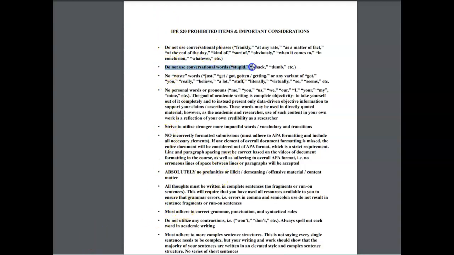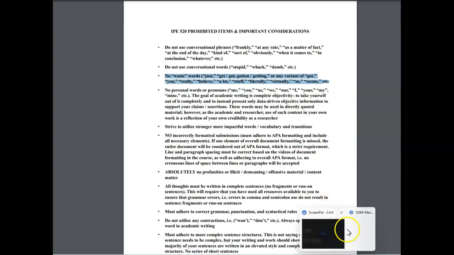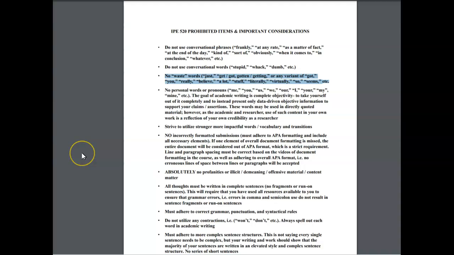Along a similar vein, do not include conversational words: whack, stupid, dumb. Of course, it seems obvious, but you would be surprised at the rate at which these types of words appear in content. The bigger offender is what I refer to as waste words. These, simply put, are words that have no substance.